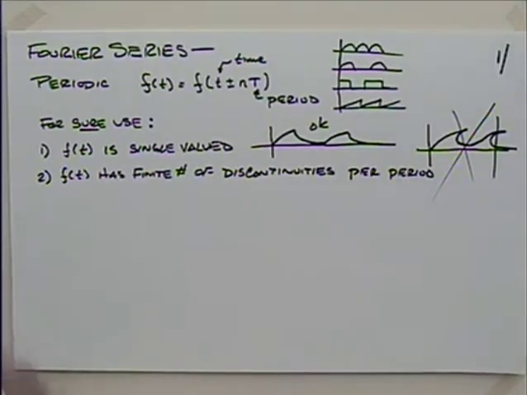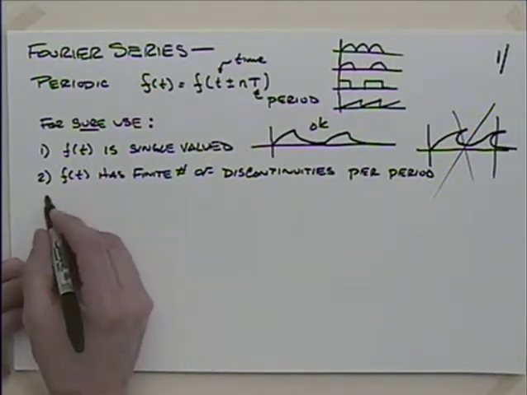You might panic initially and say, hey, that square wave has an infinite number of discontinuities, but remember it's per period. So per period, I really can't think of an example that would fail this.